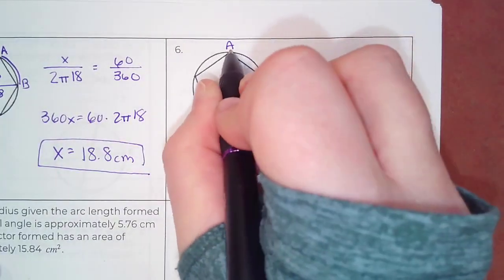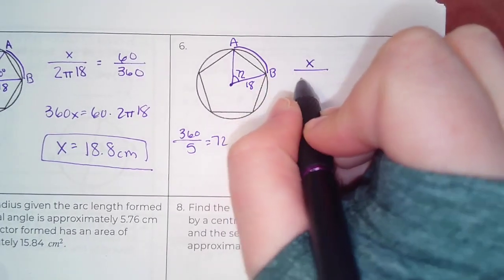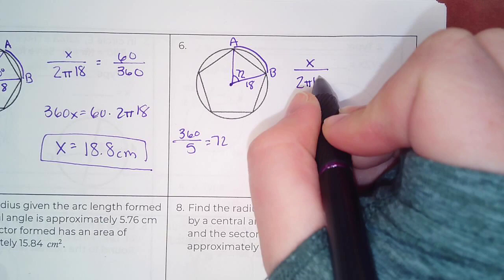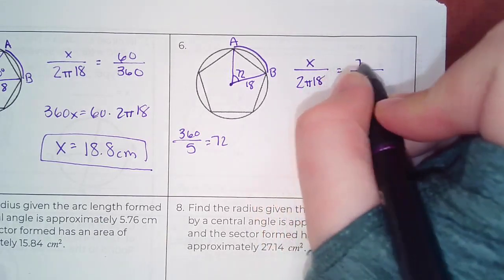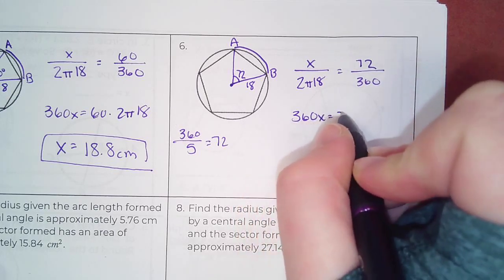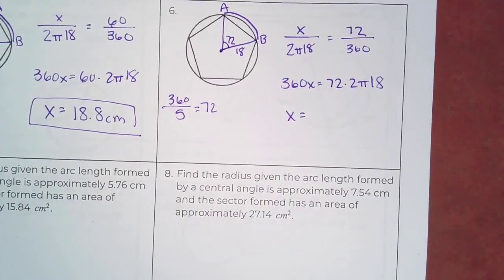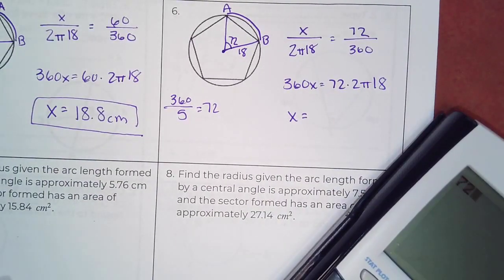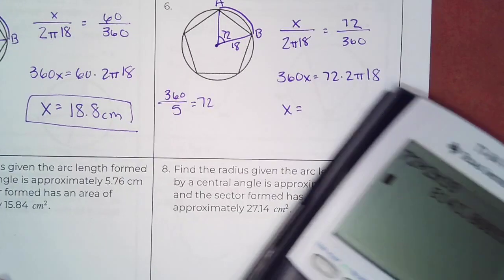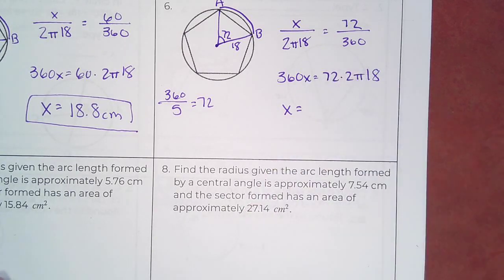So we're looking for the distance from A to B. So a portion of the circumference, x, over the whole circumference, 2 pi 18, equals 72 over 360. 72 times 2 pi 18 divided by 360, 22.61, so 22.6.